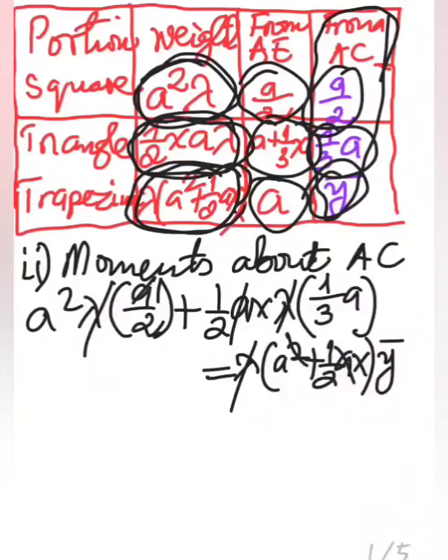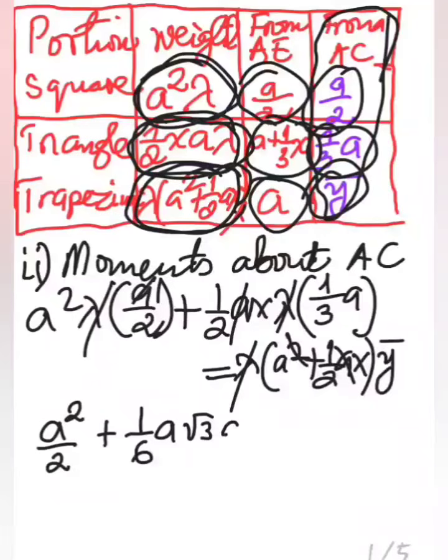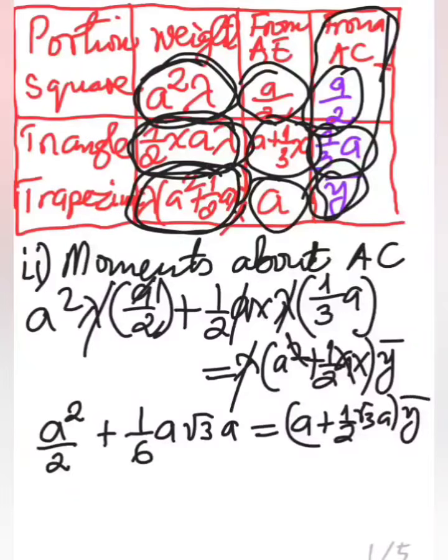In the first term, a squared over 2, plus in the second term 1 all over 6 ax, and x has been proven in the question to be root 3 a. That should be equal to a plus half x, and x is root 3 a, all times y bar.